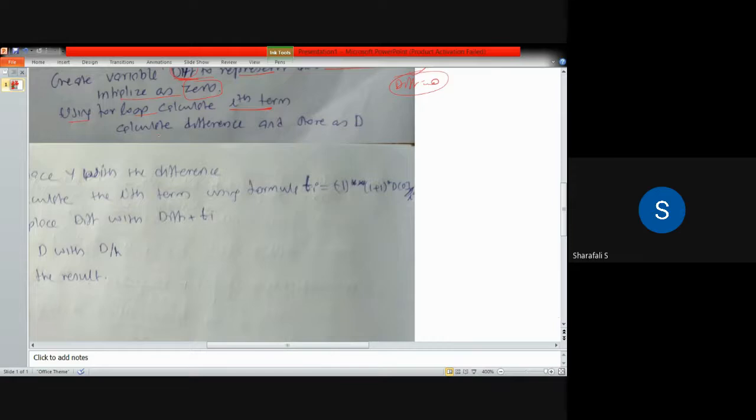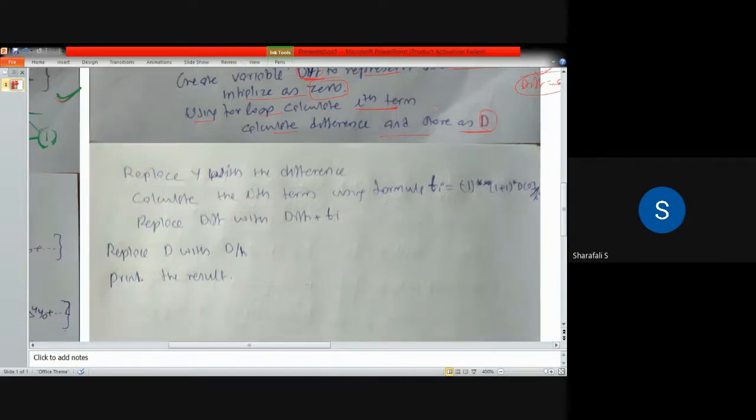Then calculate the difference for those terms and store it as capital D, and replace Y with the difference.